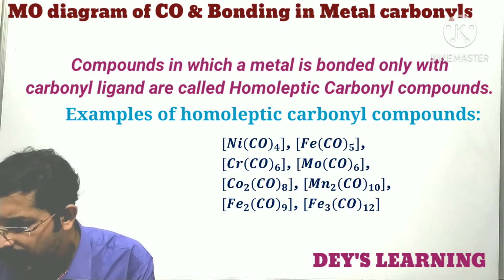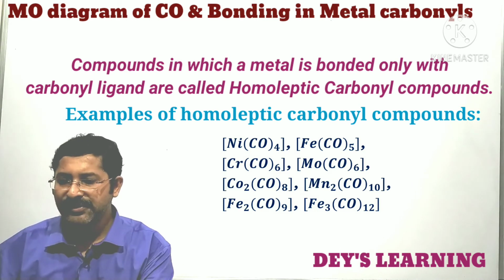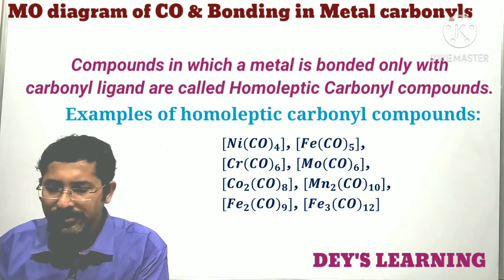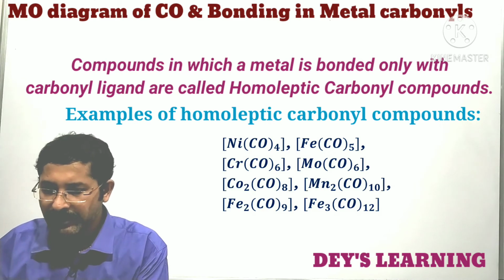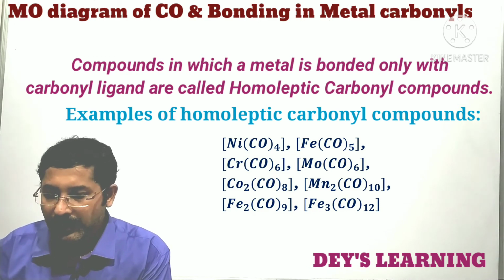There are some examples of homoleptic carbonyl compounds: NiCO4, FeCO5, CrCO6, MoCO6, Co2CO8, dicobalt octacarbonyl, etc. Some examples are written here.